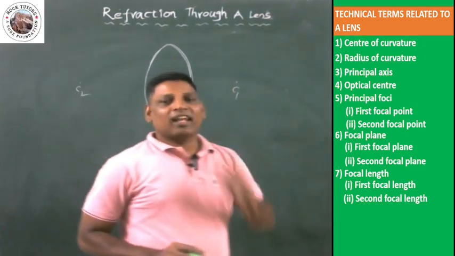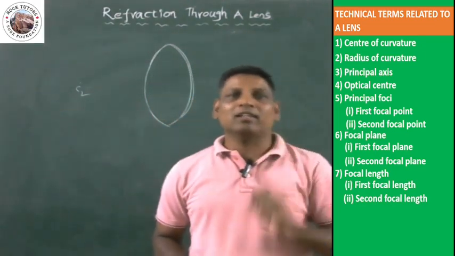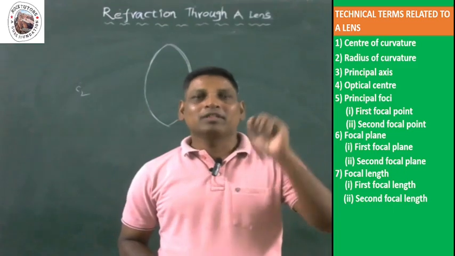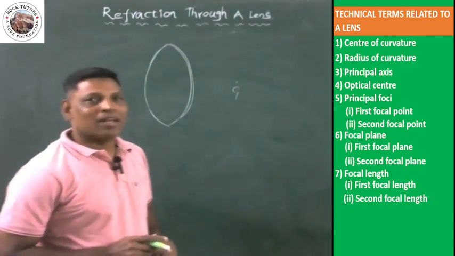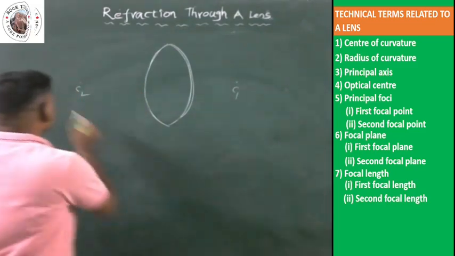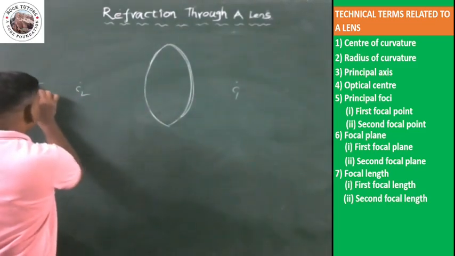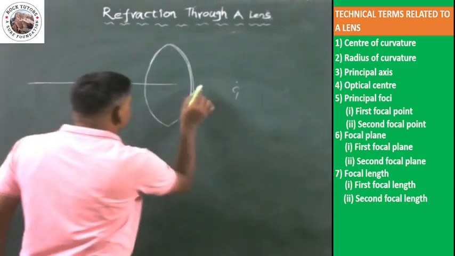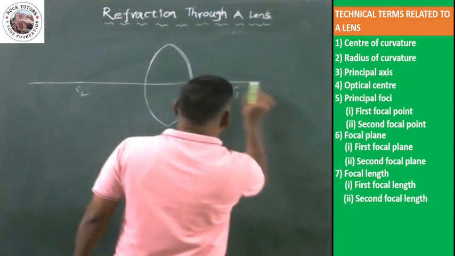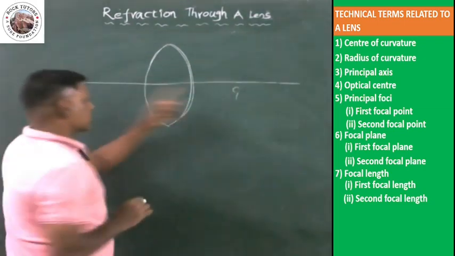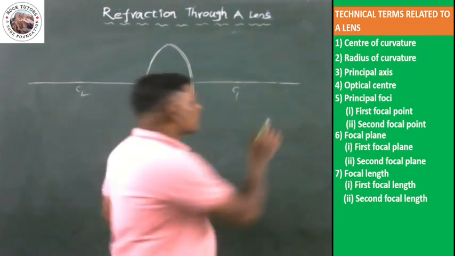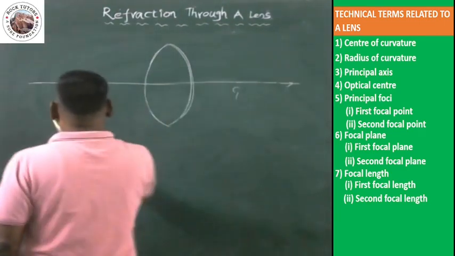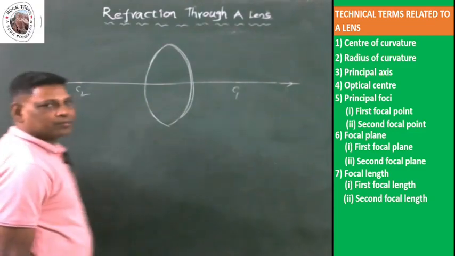An imaginary line passing through these two centers of curvature is called the principal axis.